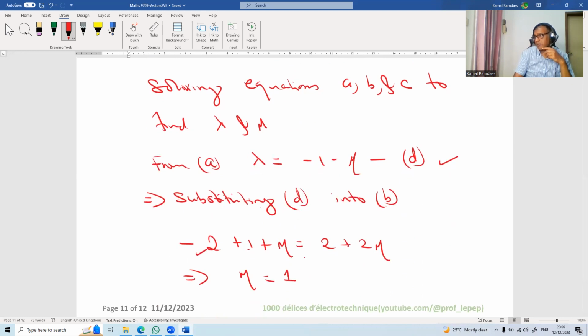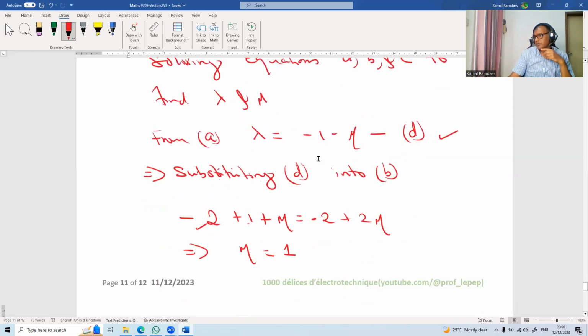Minus lambda, c'est plus 1 plus mu, is equal to minus 2 plus 2 mu.